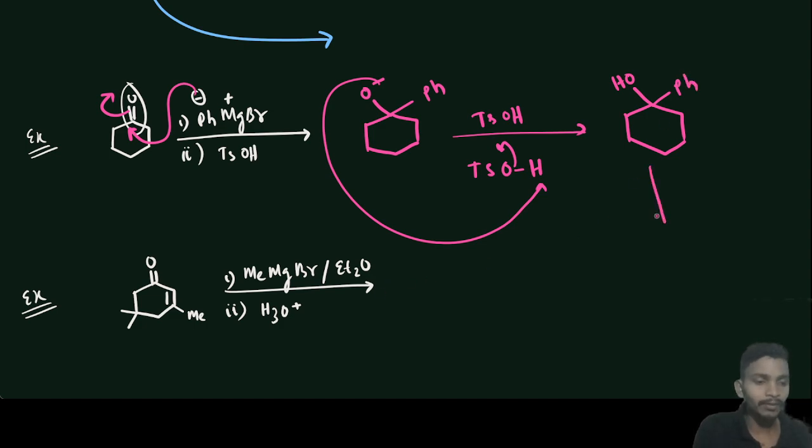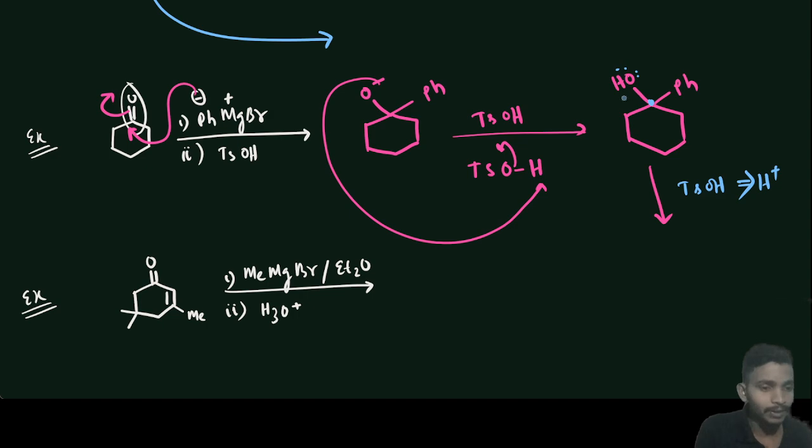Okay. Now what will happen is that you see this carbon center, here OH is there, and again in the solution TsOH is there. Okay, this gives H plus, and here a lone pair is there. So here dehydration is possible. Why?